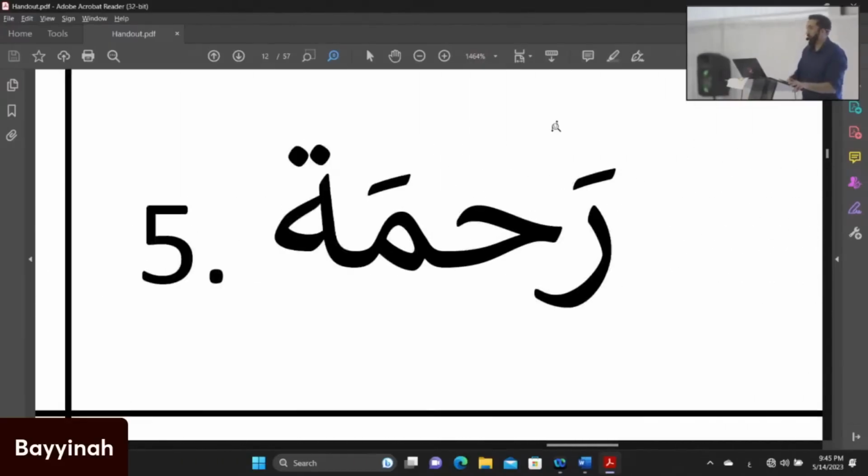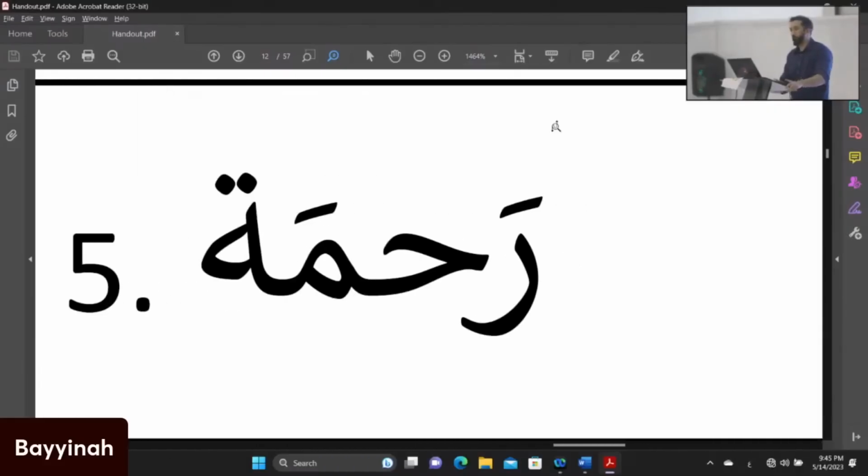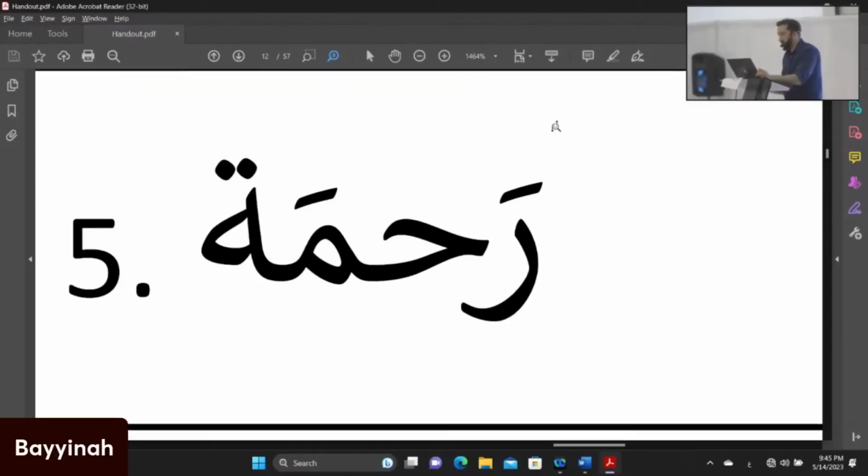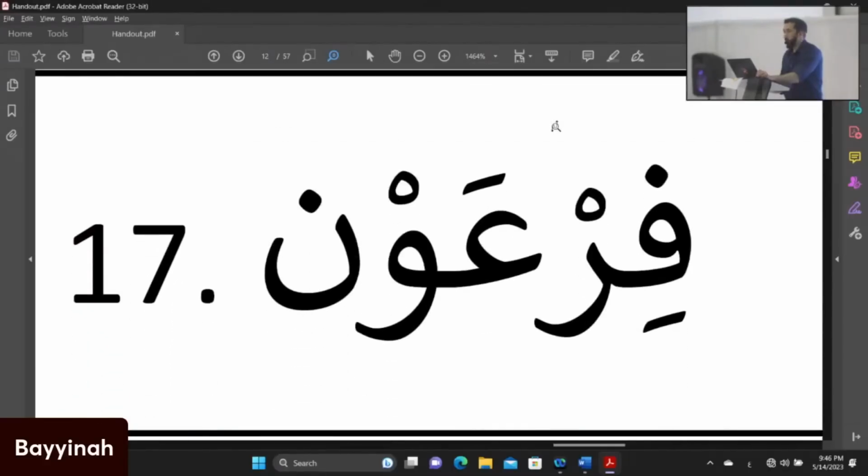Non-flexible. Rahma. Arabic word? Rahmatun. Rahmatan. Rahmatin. Masjid. But it's a place. It's the word for a place, not the name of a place. Good. Masjidun, masjidan, masjidin.